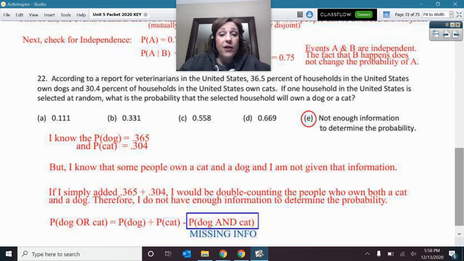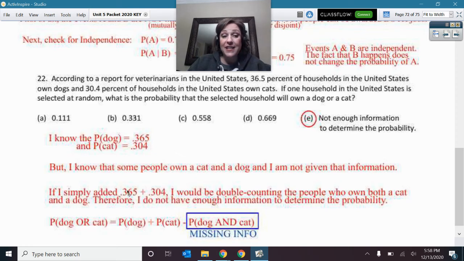All right, now here we want to know the probability that a household owns a cat or a dog. We are told the total proportion of households that own a dog, 36.5%, and the total proportion of households that own a cat, 30.4%. I know that there are some houses that have a cat and a dog.